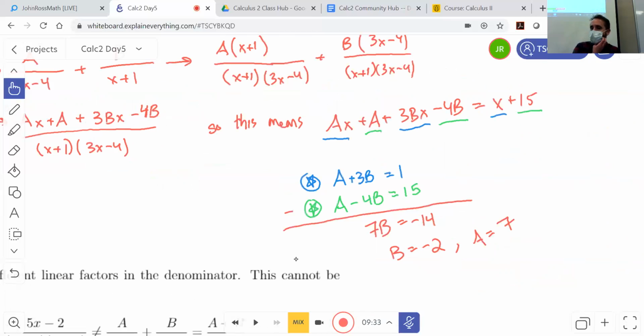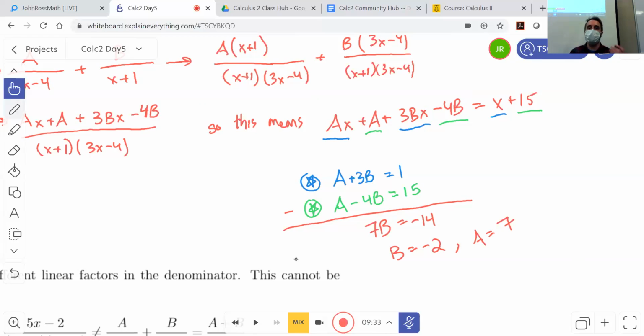And at this point, we can split it up into a system of equations, one of which is for the pieces out front of the x's. So ax plus 3bx equals 1x. And that's my blue equation here. And then for the green equation, my non-x pieces, that became a minus 4b equals 15.